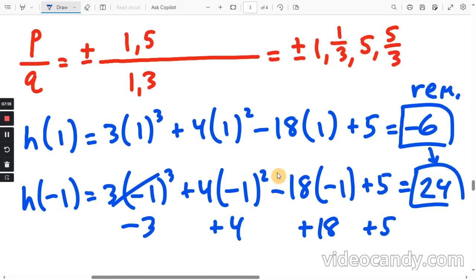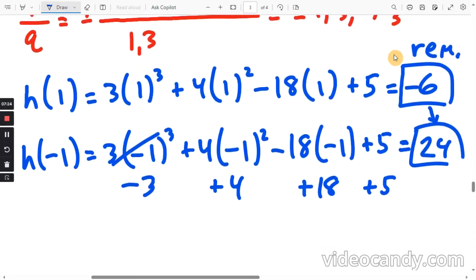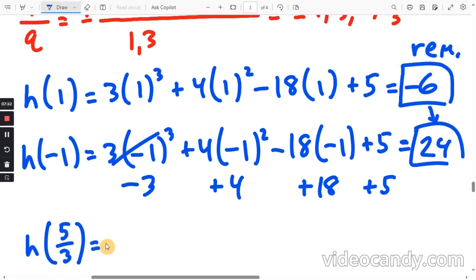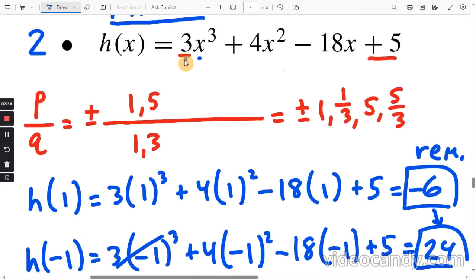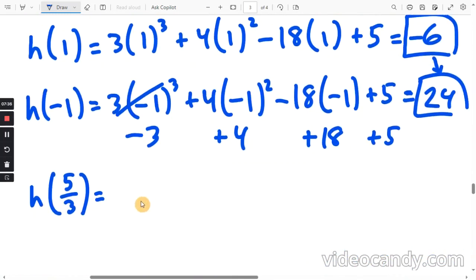All right, I cheated a little bit and I looked up the answer. I know 5/3 is going to be one of them. So I'm going to do 5/3 next. So if we do h of 5/3, that means 3 times 5/3 to the third power. All right, make sure you use parentheses.